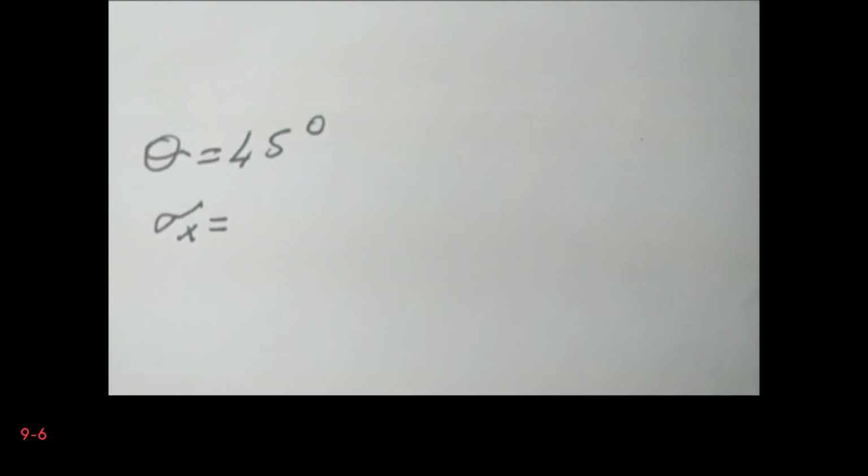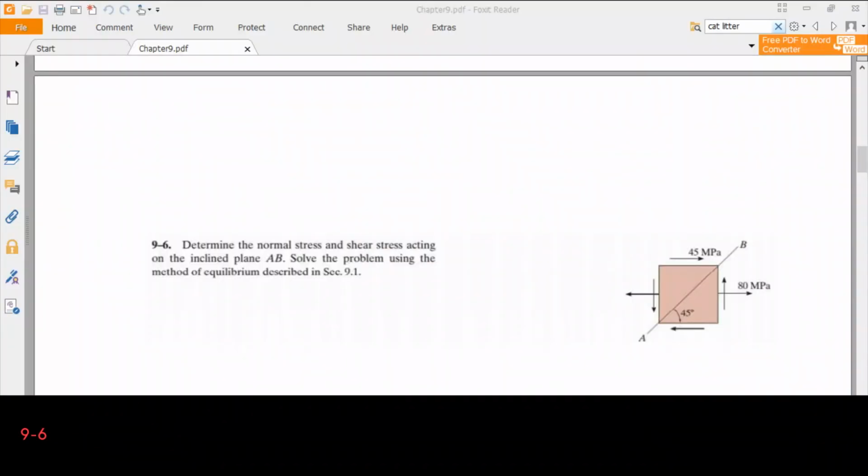So let's write the variables again. We have theta is 45 degrees, sigma x is given, sigma x is 80 megapascals, sigma y is 0, tau xy is equal to 45 megapascals.